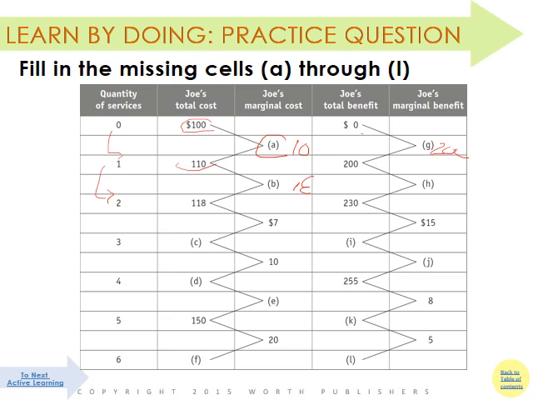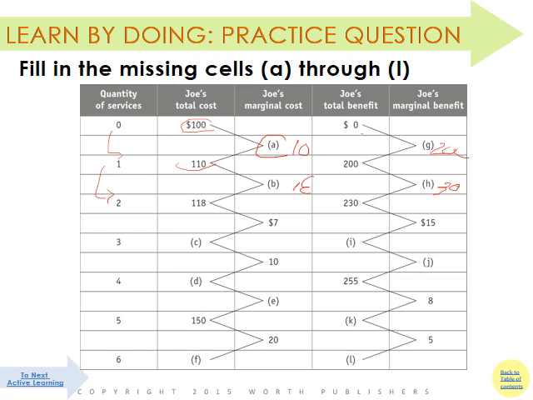So we can go through these calculations. The second unit of output, the marginal cost is 18. The marginal benefit is 230 minus 200, which is equal to 30. So you can still see the marginal benefit is greater than the marginal cost.